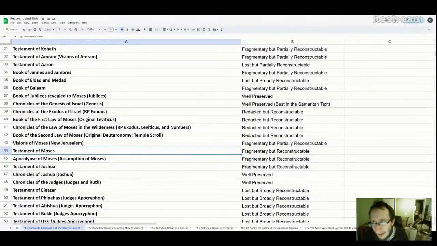And we also have a quote from the Ethiopian Book of Clement, which preserves a small portion of this section of the Testament of Moses. Let me see if I can pull it up for you guys.